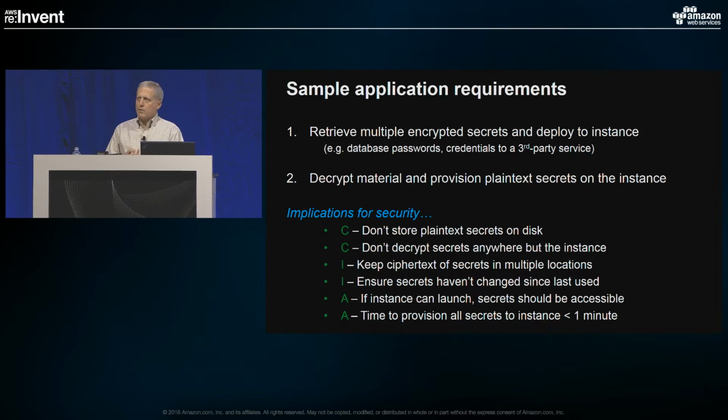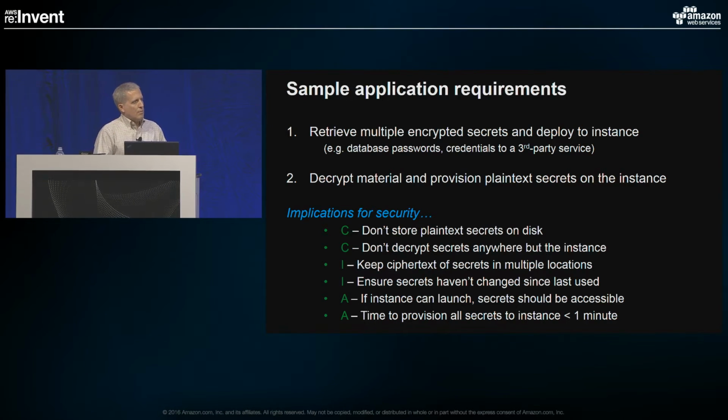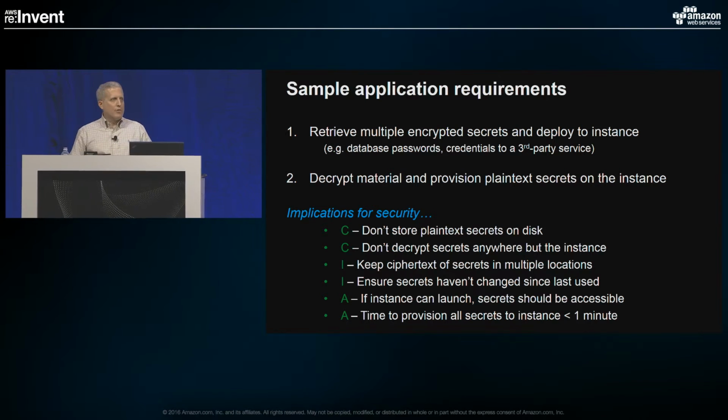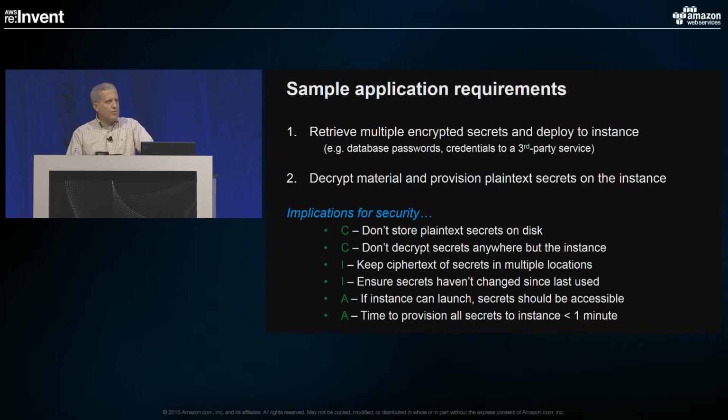You want to make sure the secrets are only decrypted on the instance that needs them, as opposed to perhaps decrypting them somewhere and then sending them down over a secure channel. From an integrity standpoint, as well as a durability of the secret, you need to make sure that these are replicated in multiple locations. And you want to make sure that the secret that you've defined isn't being changed underneath you without your knowledge.